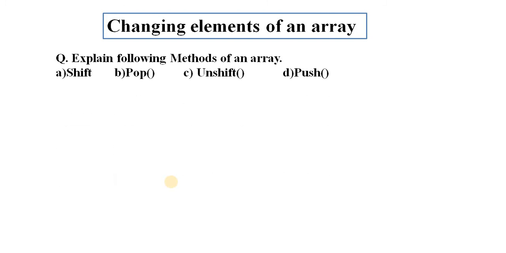First is shift, second is pop method, third is unshift method, and fourth is push method. Unshift and push methods were discussed in a previous lecture. Let us see shift and pop method in this lecture.